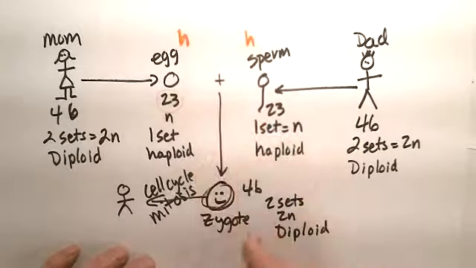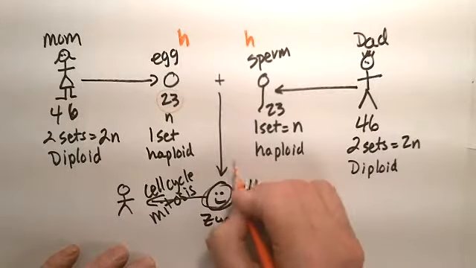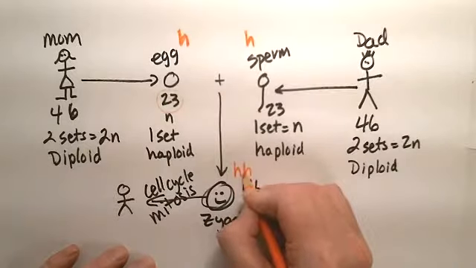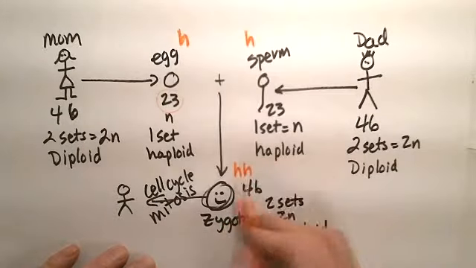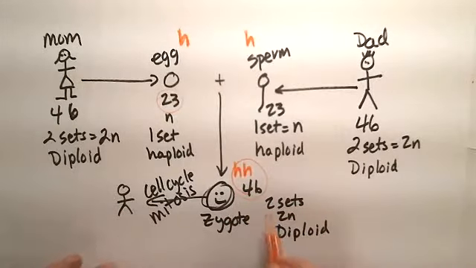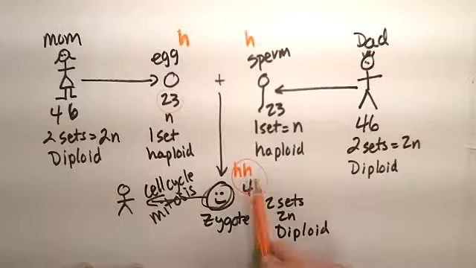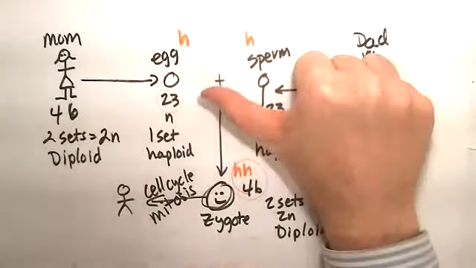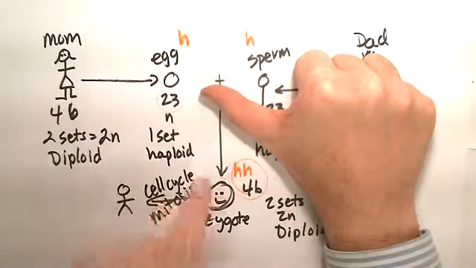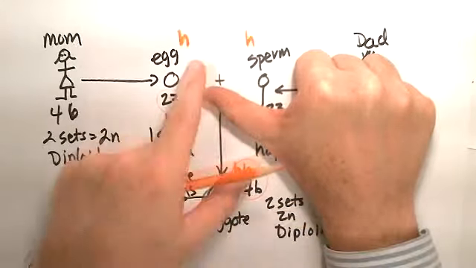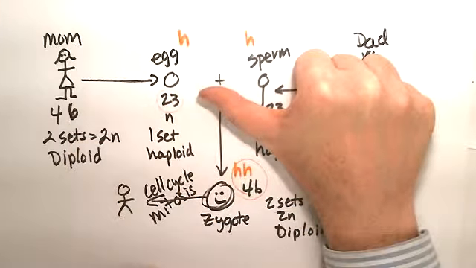When these two came together, and here's Mr. Watkins, I got my 2 alleles, one from Mom, one from Dad. There's my 46 total. This is just one of the many genes in the 2 sets that I have, little h, that told my body, that told my process in the cell cycle to make the thumb, but make it so it couldn't bend back.